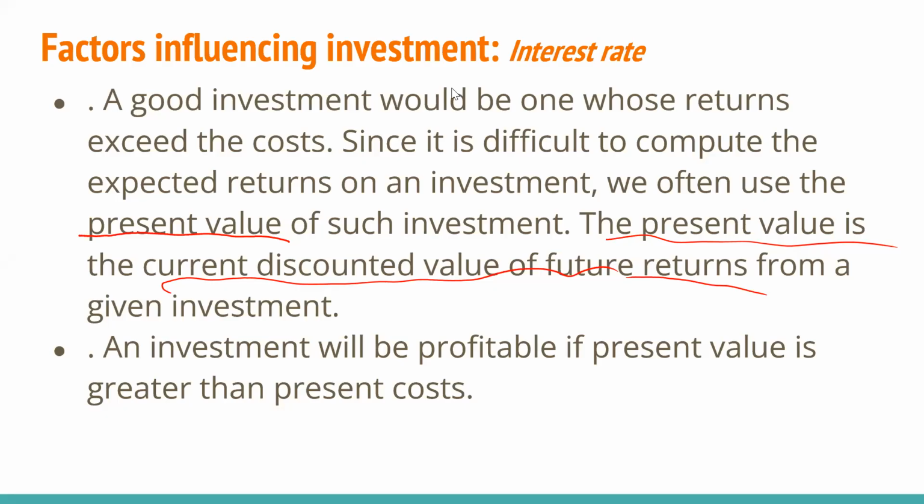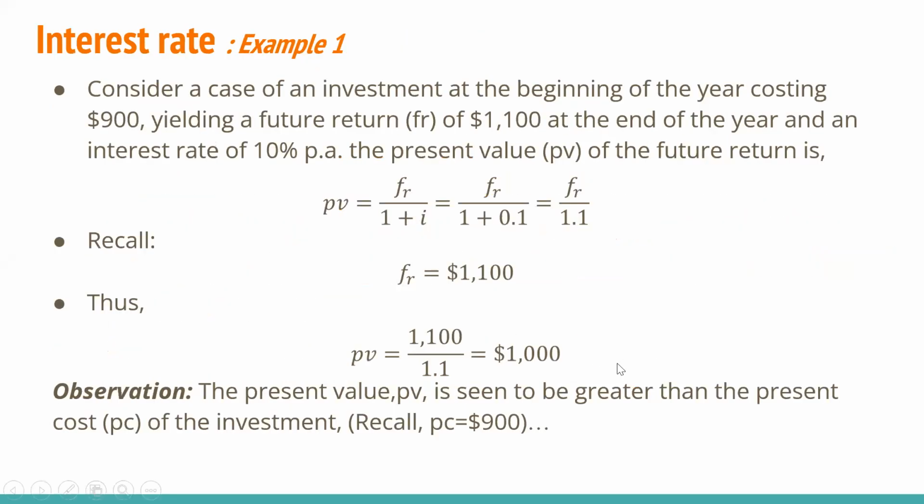So we'll do a simple example whereby we have an investment which at the beginning of the year costs about $900. And we are talking about a future return at the end of the year of 1,100 at an interest rate of 10% per annum.